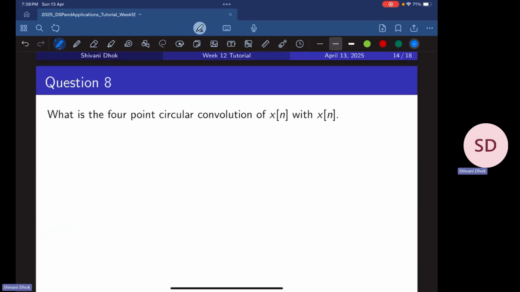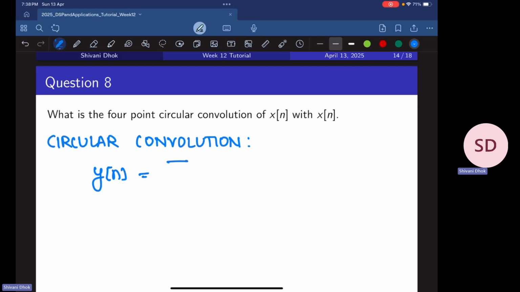Now the first question that we need to handle is, what is the 4-point circular convolution of x of n with itself? So what is circular convolution? Circular convolution is given by y of n, which is equal to x of n convolved circularly, n-point circular convolution, with x of n as it is.